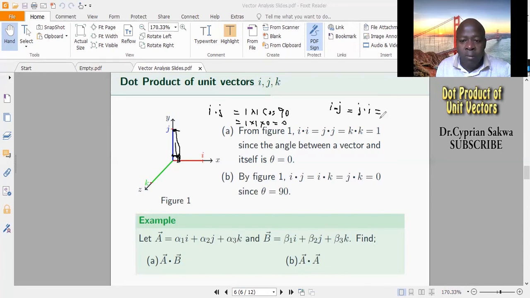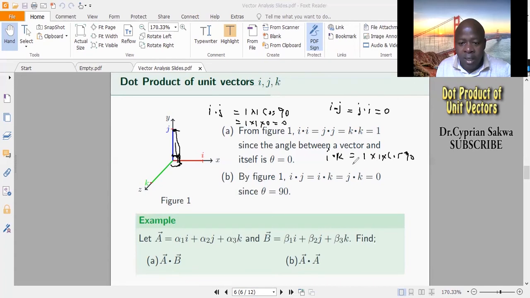What about i dot k? It will again be 0 because the magnitude of i is 1, the magnitude of k is 1, and then cos 90. The angle between k and i is 90, and cos 90 is 0.